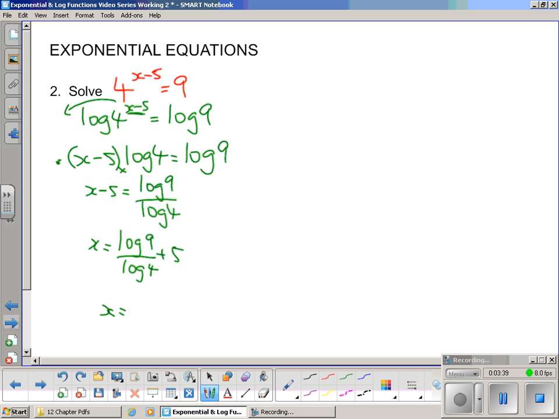And our final x answer is somewhere around 6.58. I might have rounded that off, but 6.58 for that solution to 2 decimal places anyway. Okay, so once again, we took the log of both sides. We have to be a little careful with our indice coming down to put it into brackets, otherwise it might not work very well. But it's a pretty similar method to the first one.